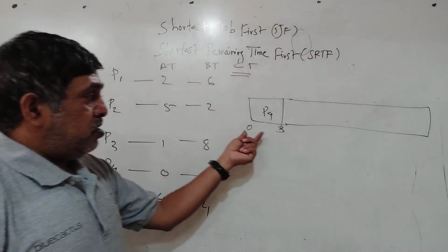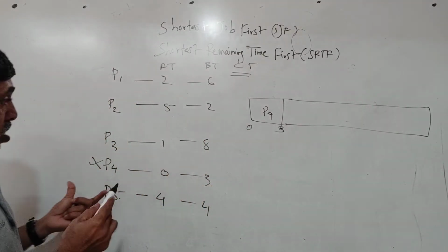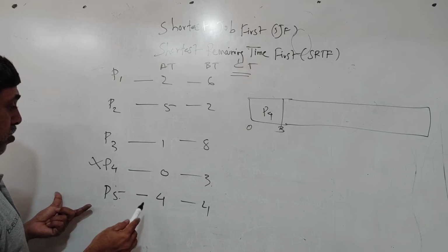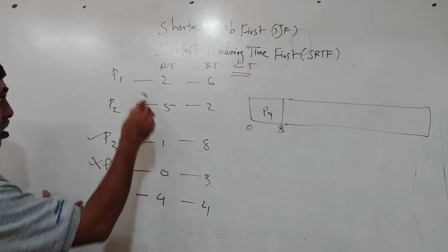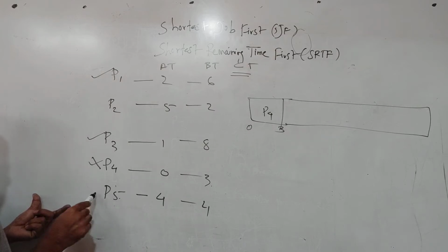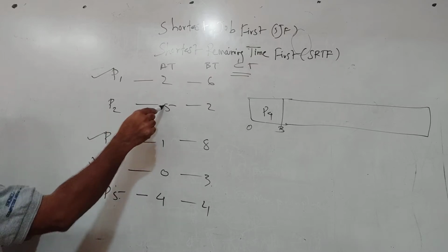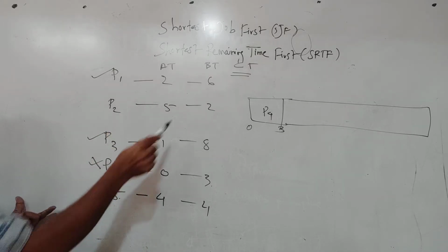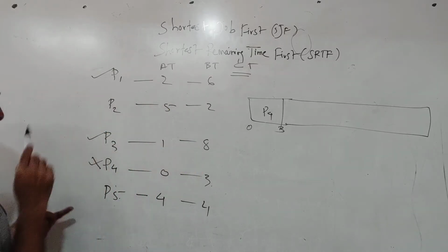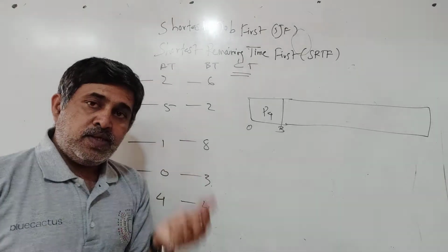By the time these 3 units of time have elapsed, you can see process P3 and process P1 have arrived, because process P5 and process P2 have arrival times greater than 3. So now the competition is between process P3 and process P1.